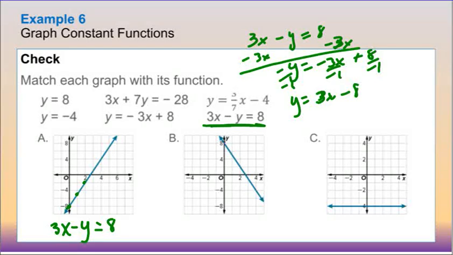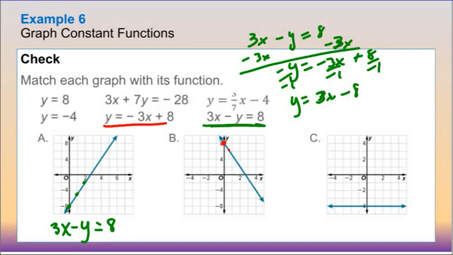This one has a positive 8, and it's going down, so that means I have a negative slope. If I went down 2 over 1, this one looks like it could be y equals negative 3x plus 8.